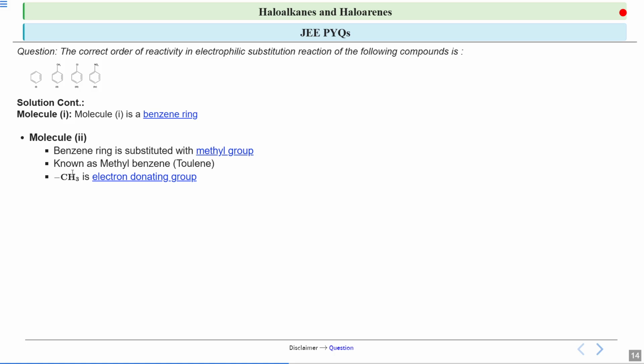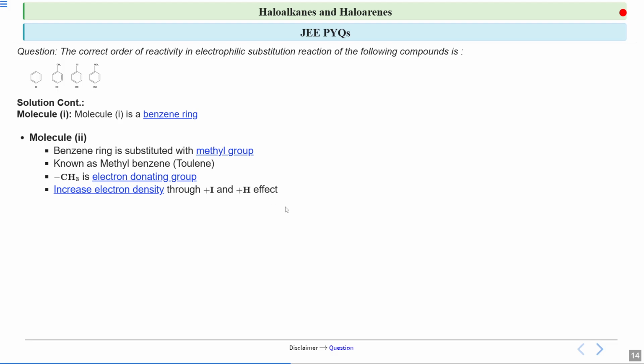CH3 present as a substituent is an electron donating group. What does that mean? It will donate electrons towards the benzene ring and increase its electron density through plus I effect and plus H effect. Plus I means its electron donating nature, and plus H effect means plus hyperconjugation effect.